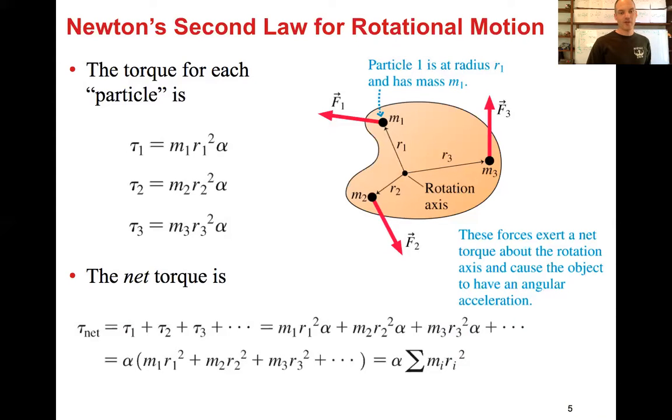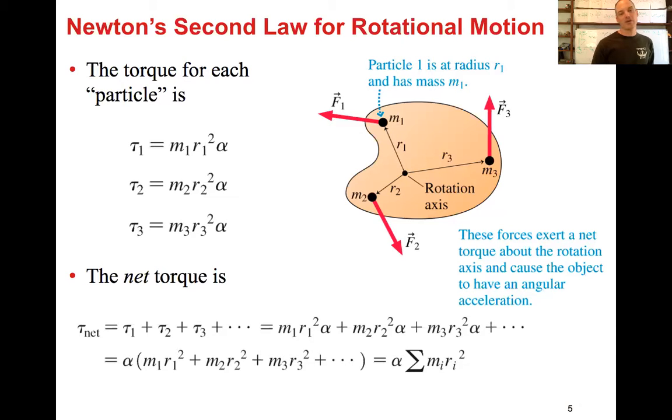In terms of the torque for these particles, if we add the net torque of all these together, they have all the same angular acceleration. So for object 1, it's mass times its R value squared times the alpha. For torque 2, same thing, just mass 2, R2. But it's all the same acceleration.